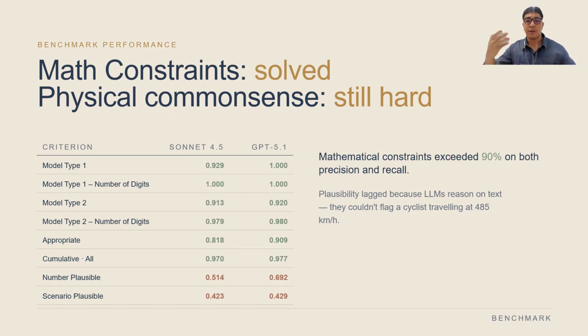Language and contextual criteria also scored very high. Where the models struggled was on the number and scenario plausibility. The LLM couldn't always reason that, say, a cyclist traveling at 485 kilometers an hour is physically unreasonable. This matches recent research showing that LLMs operate on text-based common sense and struggle with physical world reasoning.